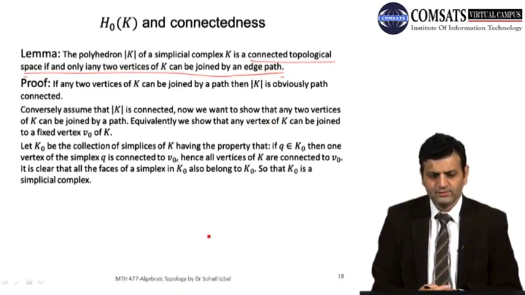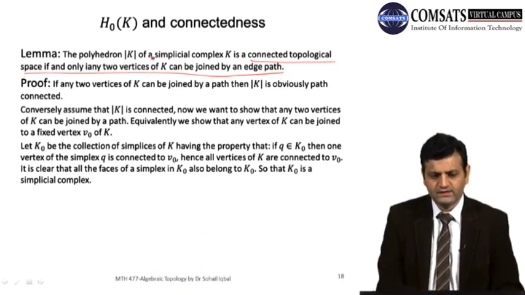The proof of this is very simple, but the result itself is very non-trivial, because over here we are relating things. If K is any simplicial complex, then we are saying that this underlying space |K| is a connected topological space if and only if any two vertices can be joined by an edge path.